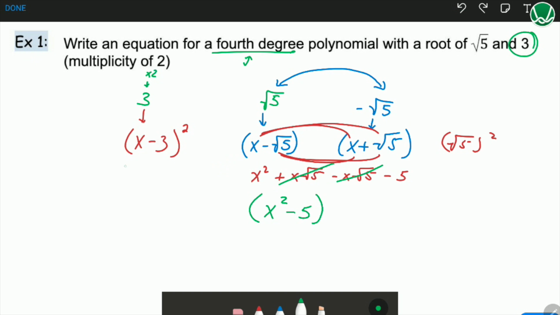One of them is by writing out the x minus 3 twice and distributing that out. Or you can remember or try to apply one of the patterns. This is a perfect square pattern, so it ends up coming out to be x squared minus 6x plus 9.